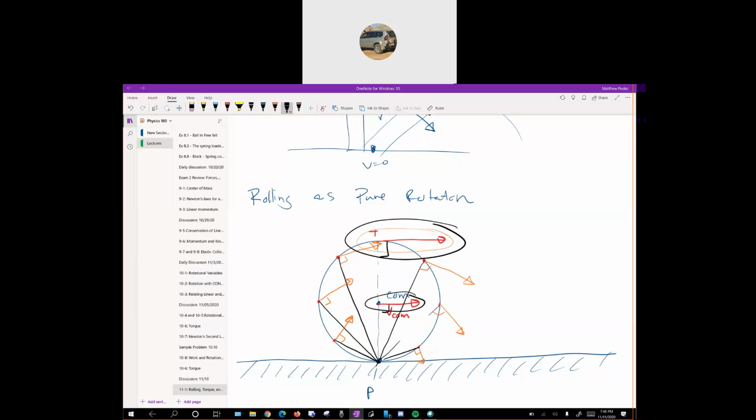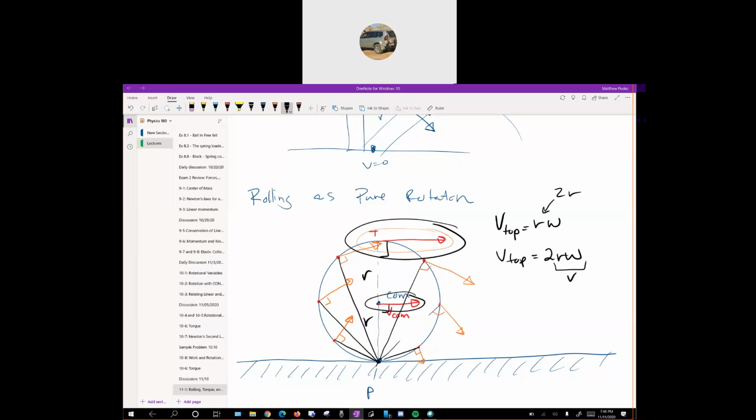So we can say the velocity at the top is going to be equal to r omega, right? But r in this case, we have two of them. So put a 2r here, and we get the velocity of the top is equal to 2r omega. What does that tell us? Well, this is the definition of the tangential velocity.